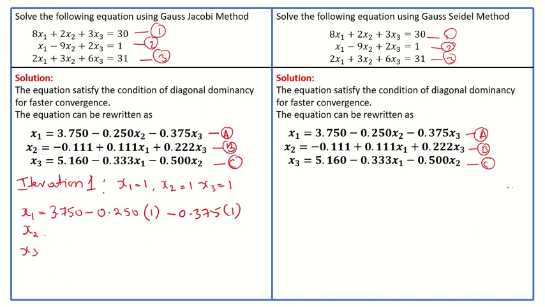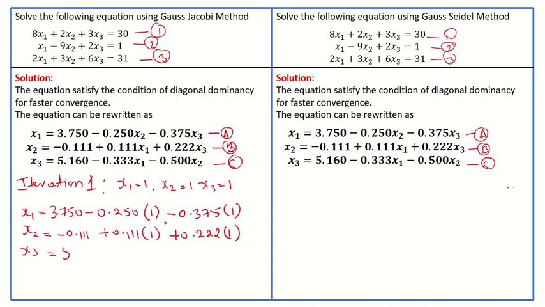Similarly, x2 equal to minus 0.11 plus 0.11 into x1. Now here you are going to put the value of x1. x1 is how much? 1. I am going to substitute that, plus 0.22 x3. What is the value of x3? It is 1. So I am going to substitute there.